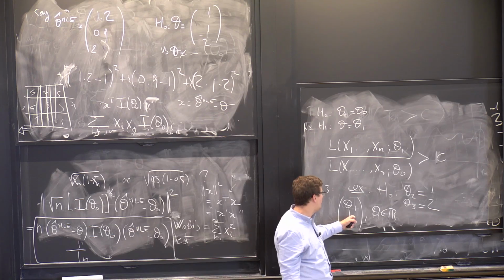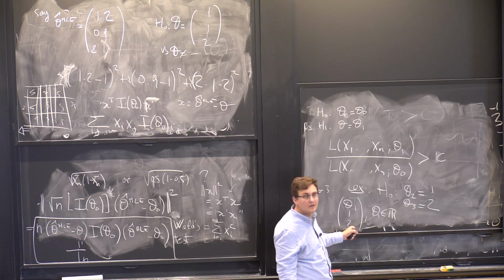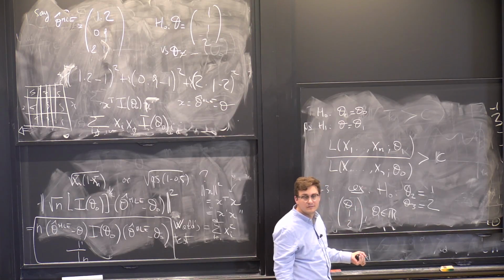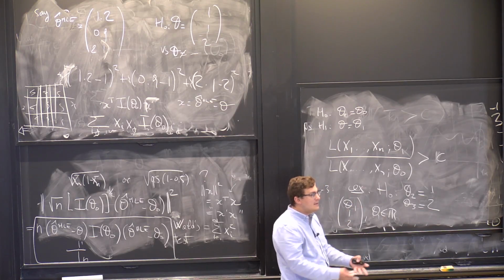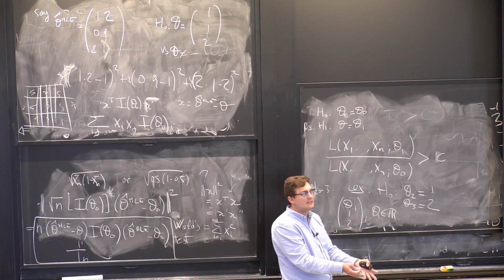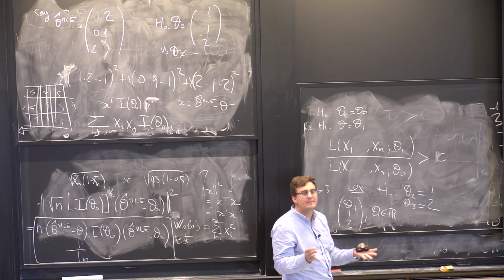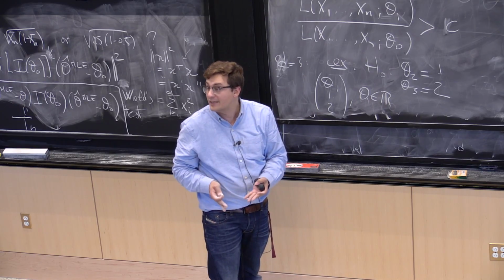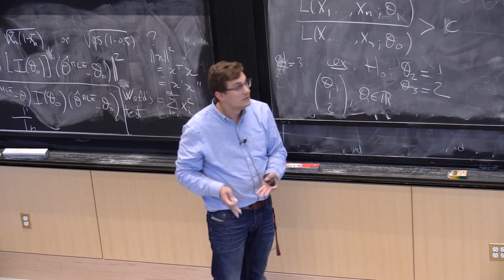I might as well set the second one to 1, the third one to 2, and just optimize over this guy. So effectively, if you're telling me this is the reality, I can compute a constrained maximum likelihood estimator, which is constrained to look like what you think reality is.